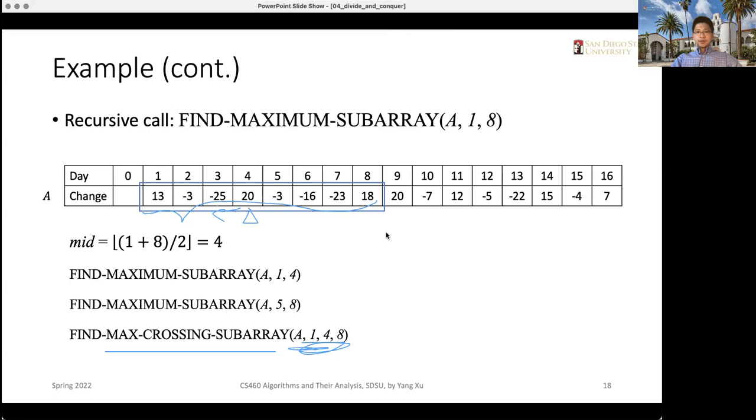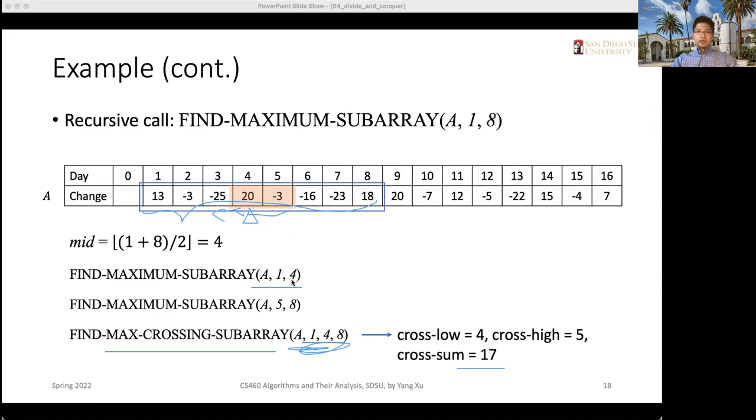So it looks like in this case, the crossing subarray is the one that has 2 elements, which returns a cross summation of 17. Okay, so there's no space to list all recursive calls. We will go one step further, which is this one, and we will stop.